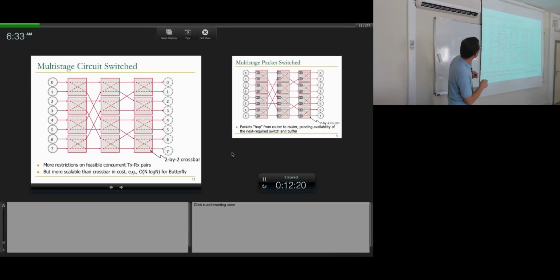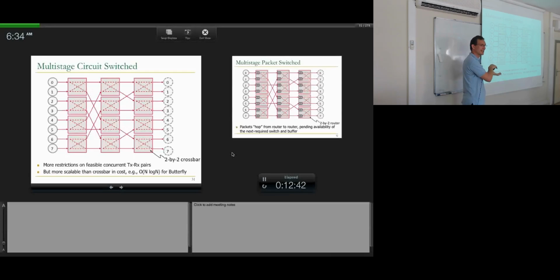So what is the advantage of circuit switching? Because you set up the path, you don't really need a crossbar, right? You don't really need to dynamically arbitrate. Whenever a packet comes here, this switch is already set up to be wired directly. It's reconfigured, if you will. So there doesn't need to be a dynamic arbitration.